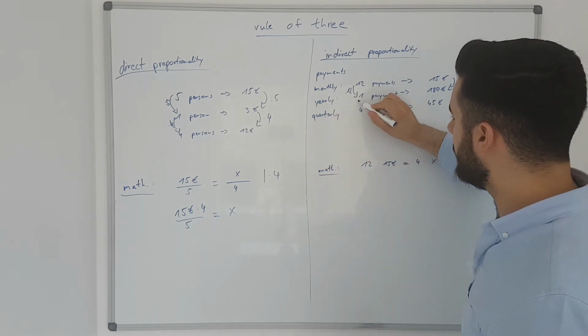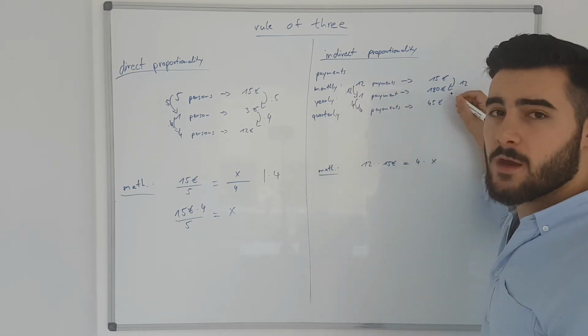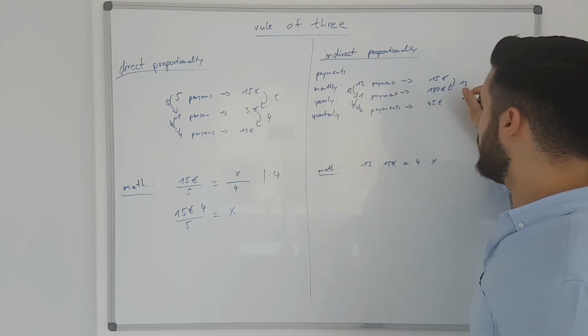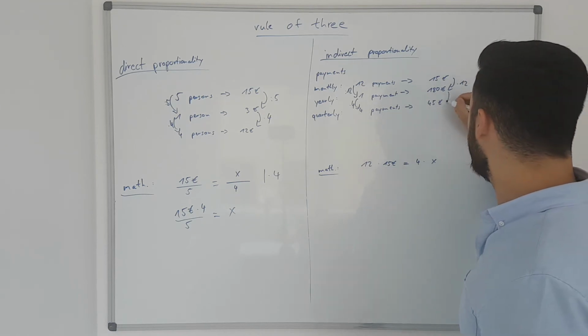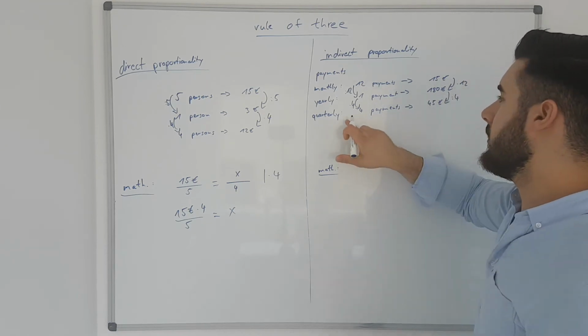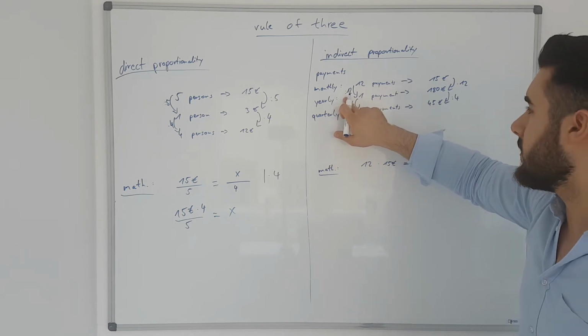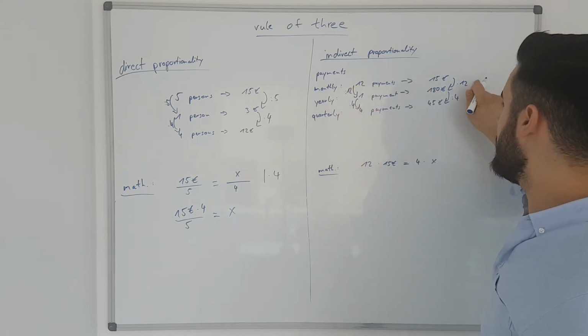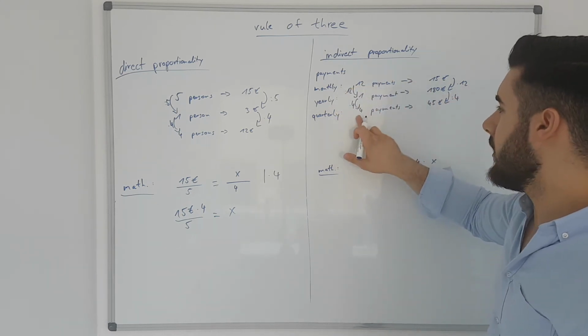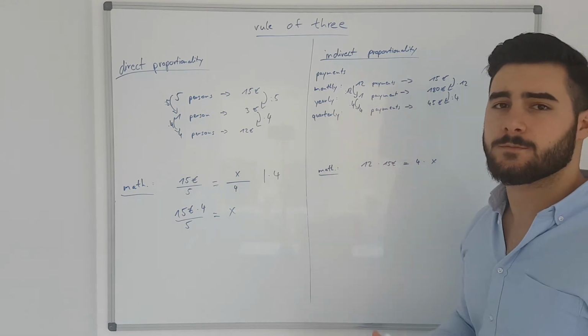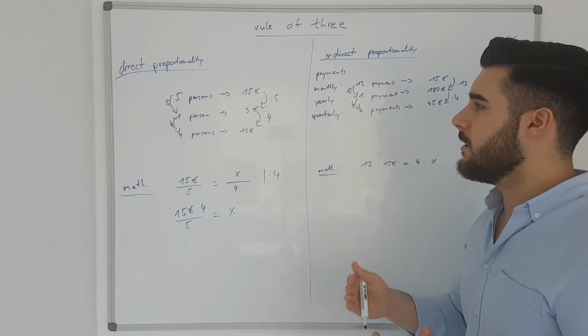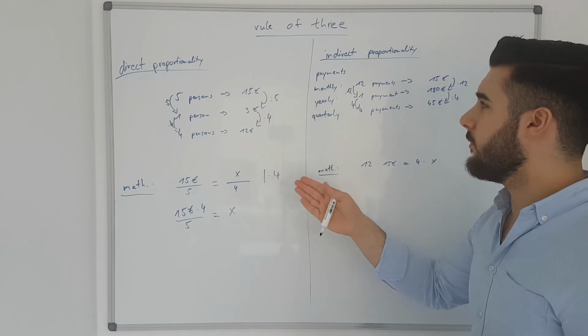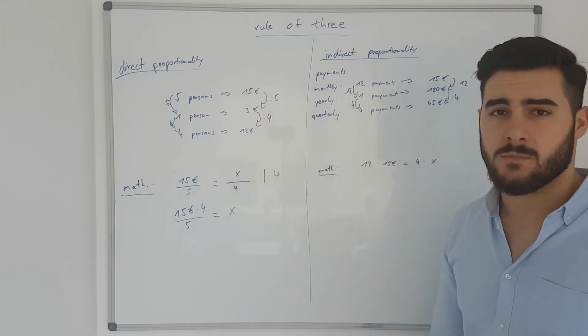So we write down times 4 for the number of payments, and now we have to divide the whole payment by 4. So you see, first the division on the left and then the multiplication on the right. I know it's the other way around in the last step. And this is basically the main difference between direct proportionality and indirect proportionality.